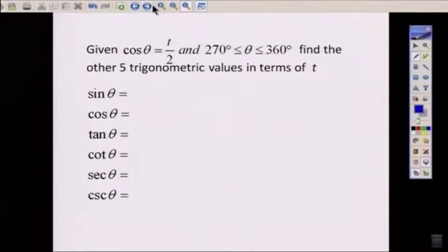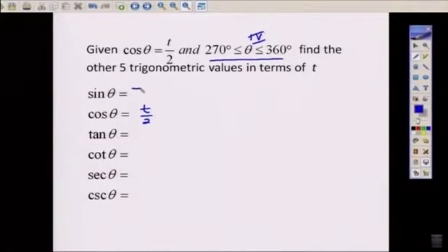The next one, they're giving you that cosine theta is t over 2, and we are between 270 degrees and 360 degrees, which is quadrant 4.